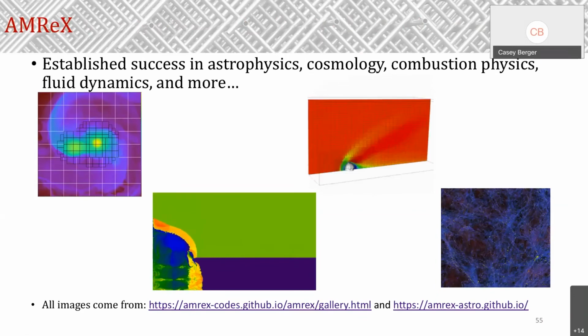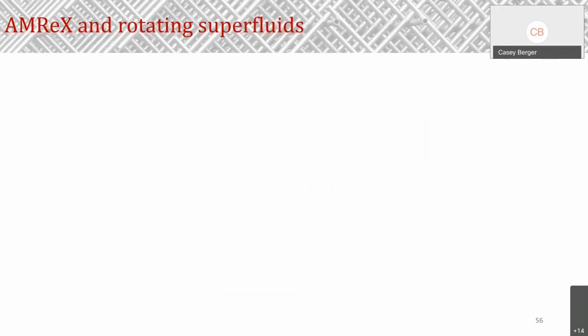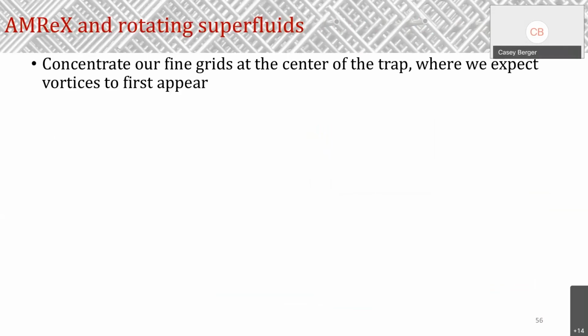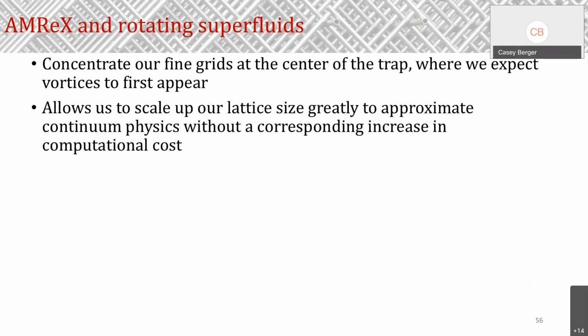All right, so what will this allow us to do? Applying AMReX to the question of rotating superfluids, still using the complex Langevin method, will allow us to concentrate our fine grids at the center of the trap, which is where we expect the vortices to appear first. It will allow us to scale up the lattice size greatly to approximate continuum physics without a corresponding increase in the computational cost, because we'll be really focusing our efforts at the center of the trap where the interesting things will happen.